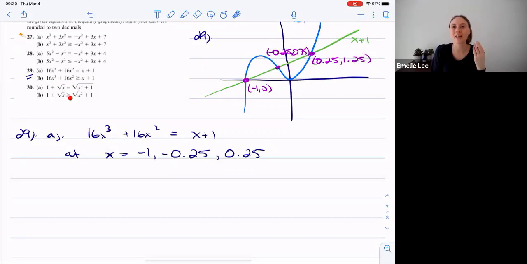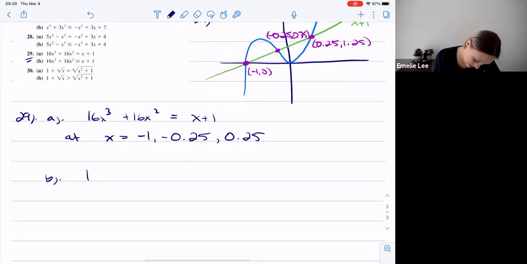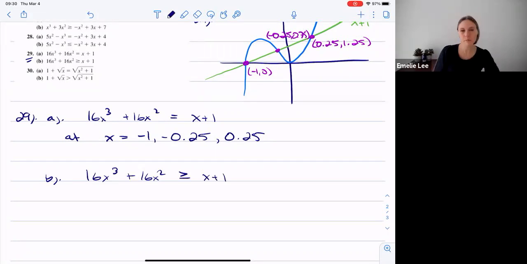Then I can go up to the point of intersection, but not including the point of intersection. All right, so just keep an eye out for that slight difference. So in this case, we can include the point of intersection. So B, where is 16x to the 3 plus 16x squared greater than or equal to x plus 1?